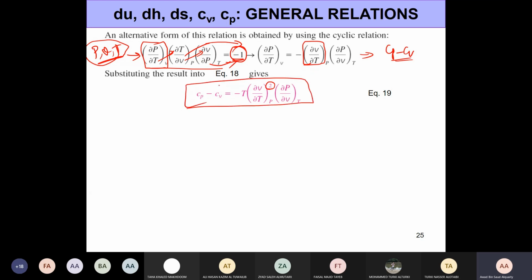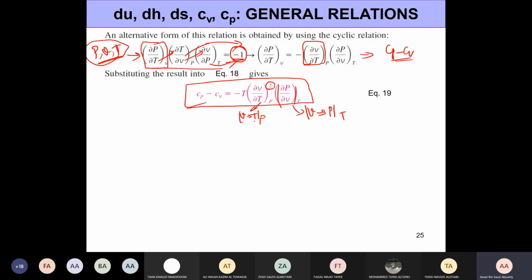The difference between this and the previous expression is that here we're looking at how specific volume changes with temperature at constant pressure, and here we're looking at how specific volume changes with pressure at constant temperature. Certainly this expression is the inverse of that, but essentially that's what you're looking at.